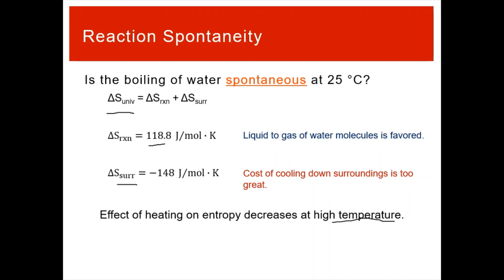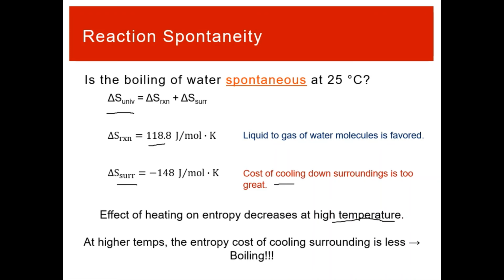So what that means is if you want water to boil, you want this cost to decrease, which means you should increase the temperature. At higher temperatures, that entropy cost of cooling the surroundings doesn't matter as much, because you don't change the entropy as much when you heat and cool things at high temperatures. That's why water boils at a higher temperature. That's why everything boils at a higher temperature.